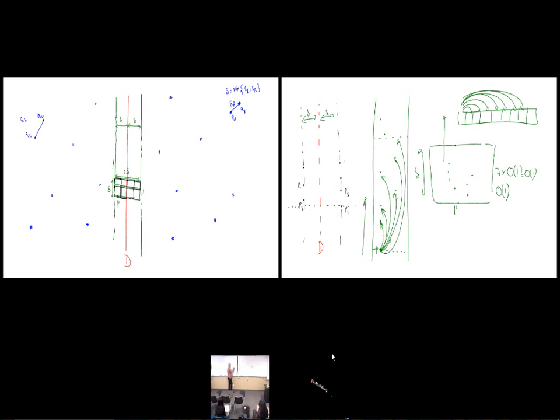Order of 1 multiplied by n is order of n. That's the running time. What are we saving? We're saving computing the distance from P to each point above this line, where you could have a linear number of such points. This is where you would get the quadratic. Whenever you're computing linear distances per point, then you could be spending quadratic time. If you spend constant time per point, you're good.